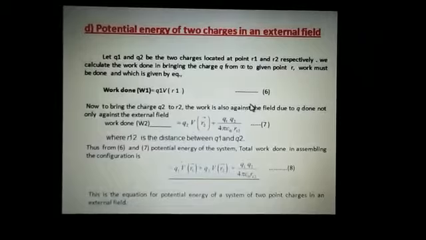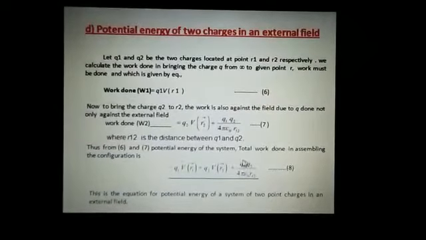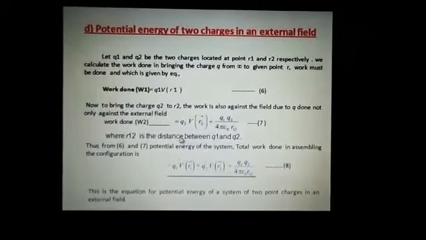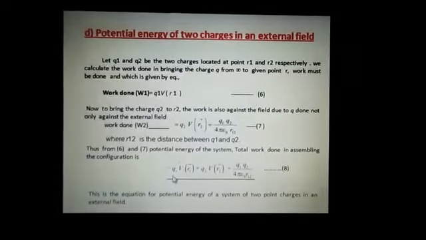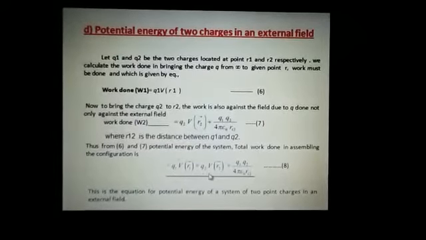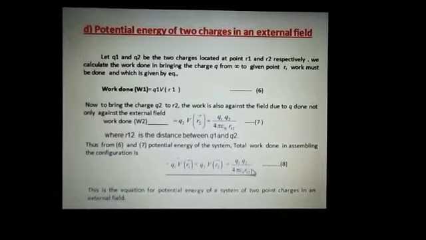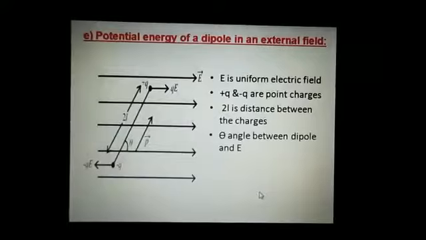Now from equations 6 and 7, we write the potential energy of the system, that is, the total work done in assembling the system, which will be Q1 into V(R1) plus Q2 into V(R2) plus Q1 Q2 upon 4 pi epsilon naught R12.